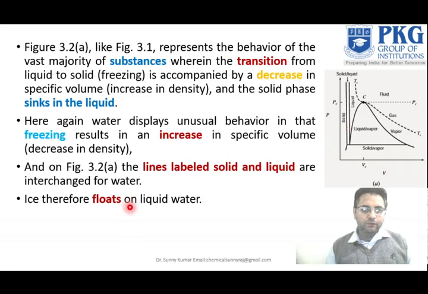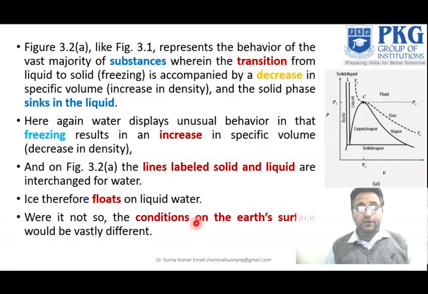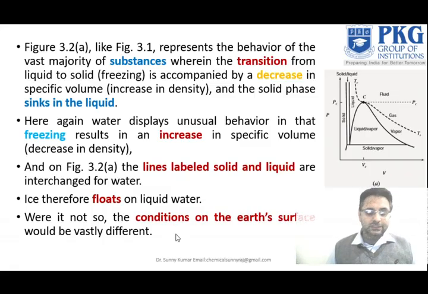Ice therefore floats on liquid water, as I have already told you. If it were not so, the conditions on Earth's surface would be vastly different. Nature is nature, so we cannot change it; we have to modify our laws accordingly. This is another very unusual behavior, and it shows at the molecular level.